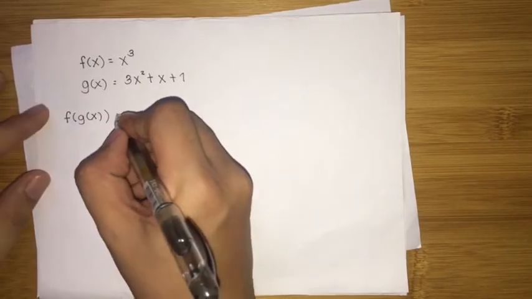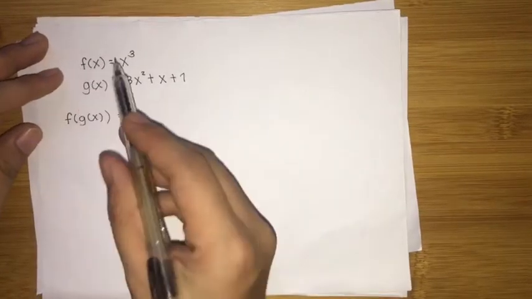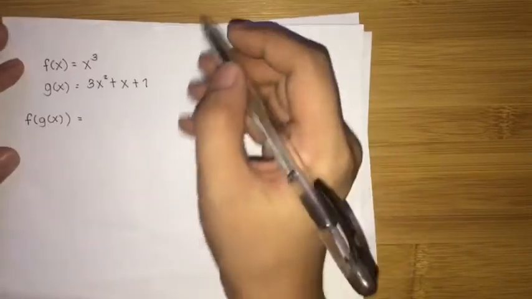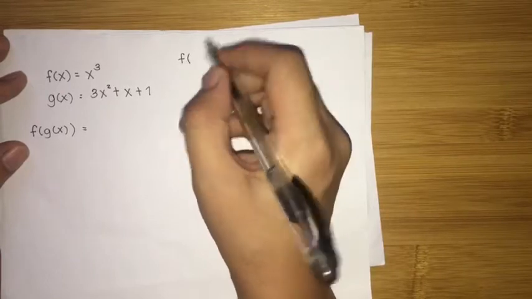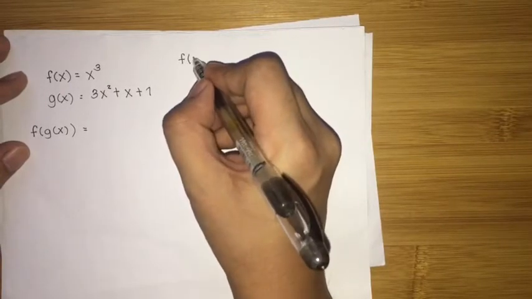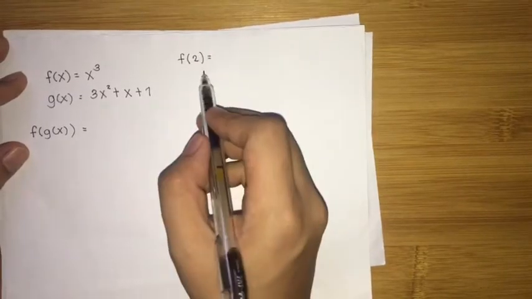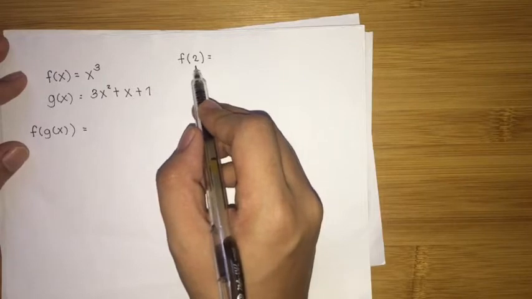ibig sabihin nito, i-evaluate natin yung f of x sa value ng g of x. So, kung mapapansin nyo dati, kapag nag-evaluate tayo ng function, halimbawa, f of 2, number yung nakalagay doon sa inside ng parenthesis.